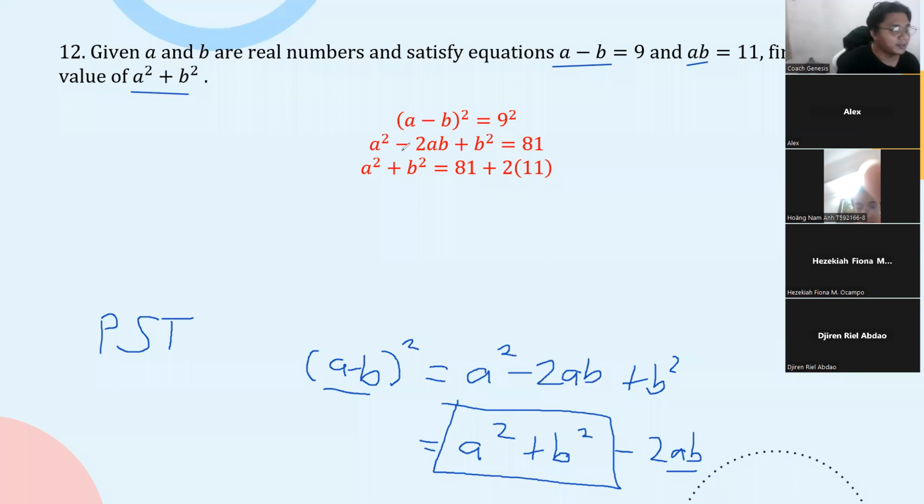We moved negative 2ab to the right-hand side of the equation. That becomes positive, right? And then you substitute ab is equal to 11. So you have plus 2 times 11. That means that a squared plus b squared is equal to 81 plus 22, which is equal to 103. So the final answer for number 12, or the value of a squared plus b squared, is equal to 103.